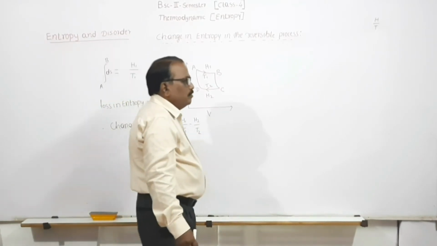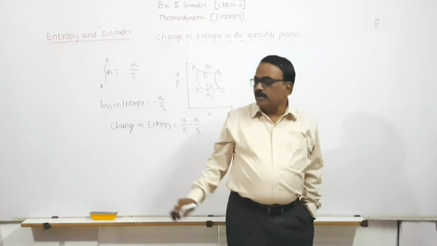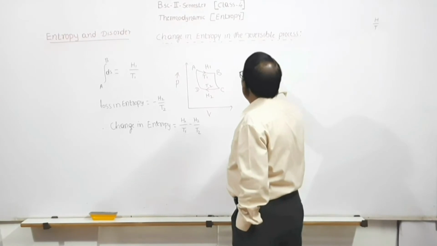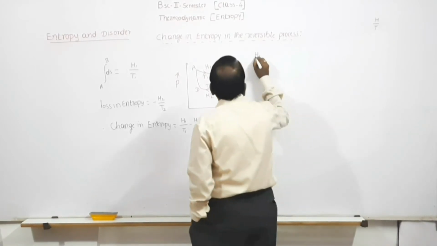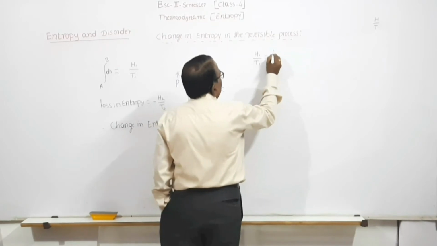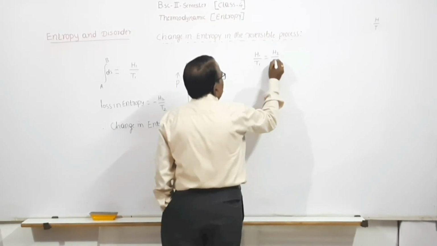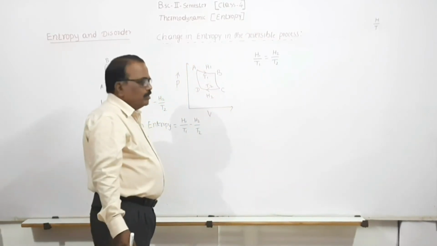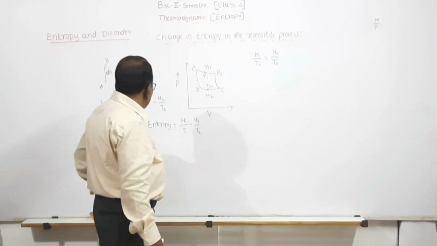But we know that for a Carnot cycle, if it is perfectly reversible, H1 upon T1 should be equal to H2 upon T2.